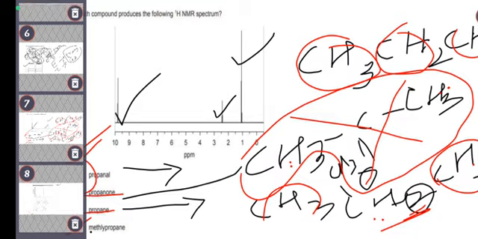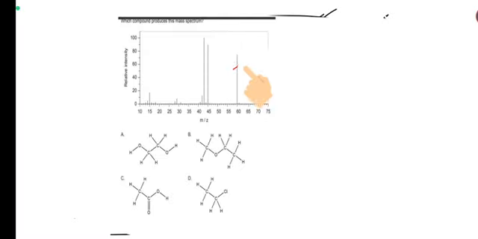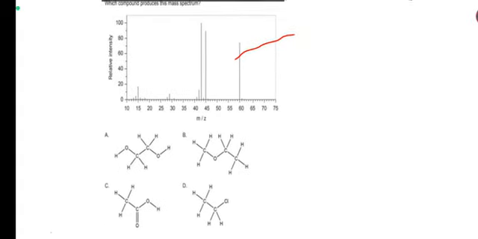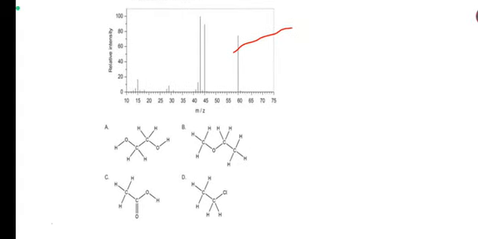Next question. The question is about mass spectroscopy. The mass spectra is given with the m/z value. You just have to find out which compound corresponds to this mass spectra, right? So first find out the mass of all these compounds.